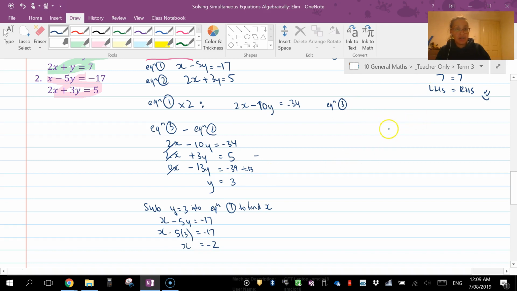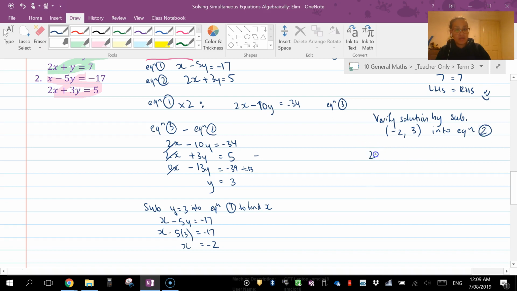Now, because I'm running out of space, I'm just going to write it here and verify the solution by substituting negative 2, 3 into equation, let's say 2.